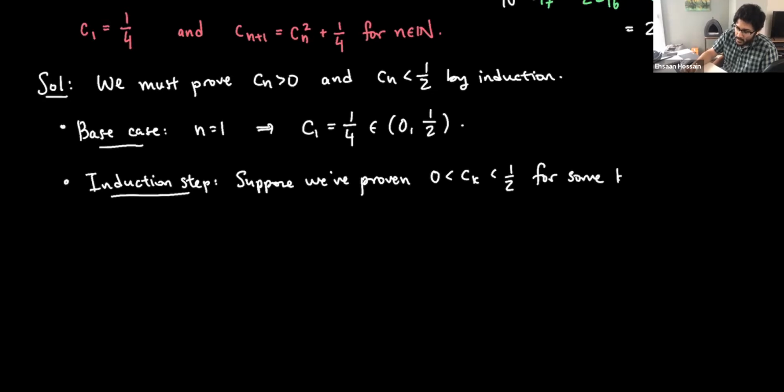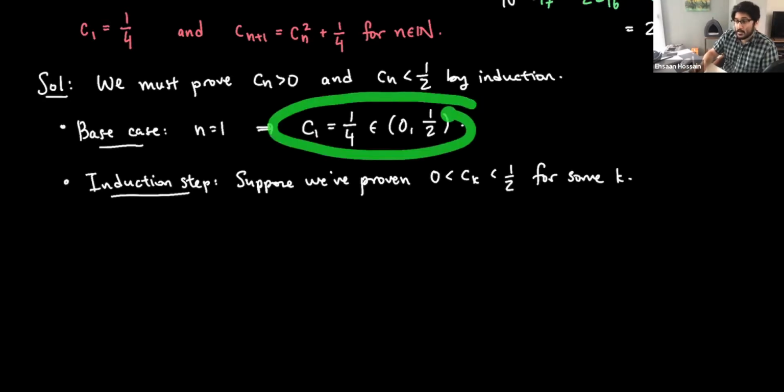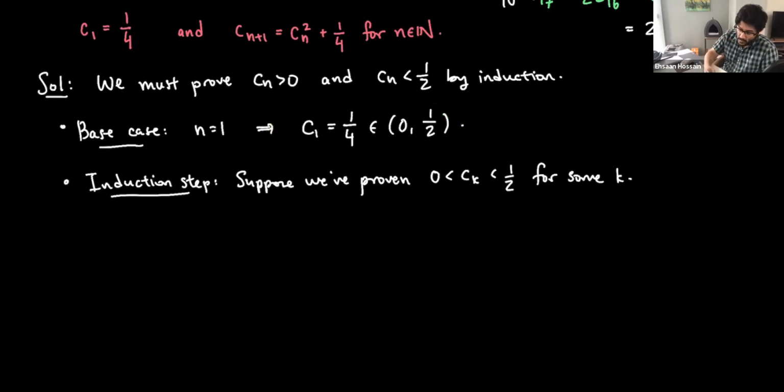For example, I've already proven it for k equals 1. So what I'm going to do is show that I can deduce c of k plus 1. We will show c of k plus 1 is between 0 and a half.